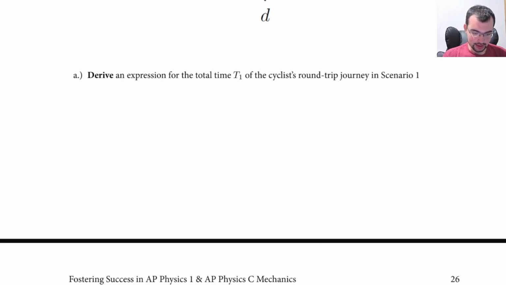Well, this is not hard. This is not what makes this more like a C problem, AP1, because scenario 1 is just the same constant speed. I like to rearrange the speed formula like this. I know that distance equals speed times time if everything is constant.